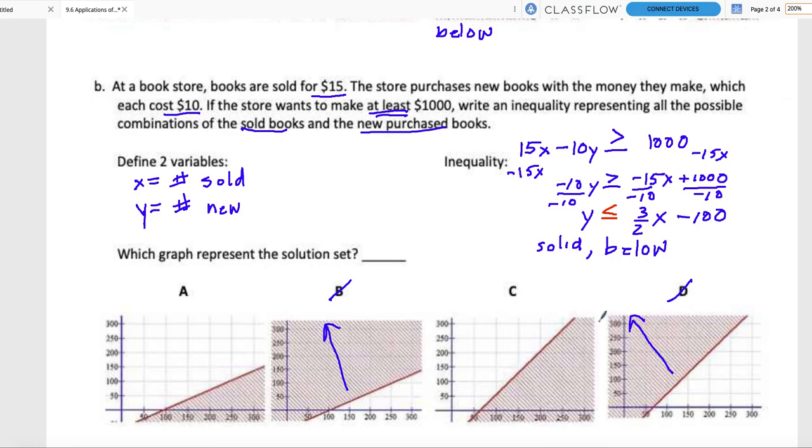All right, so now we're going to follow up on our slopes. And I've got up 3 over 2. Let's see if we can find that somewhere. All right. 1, 2 over 3.